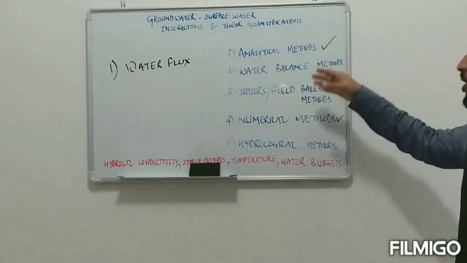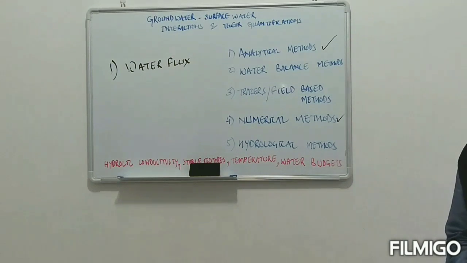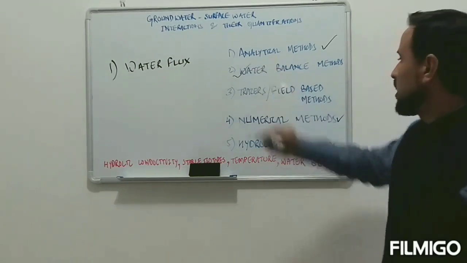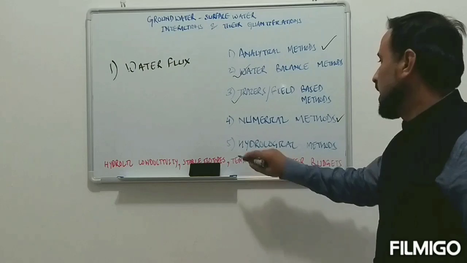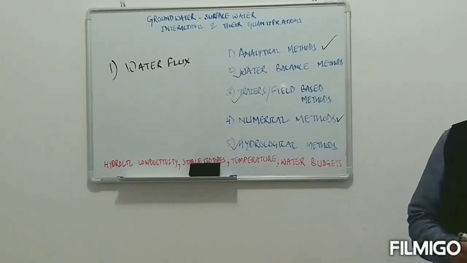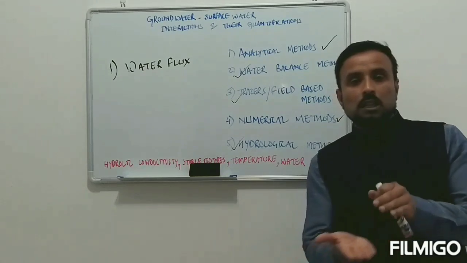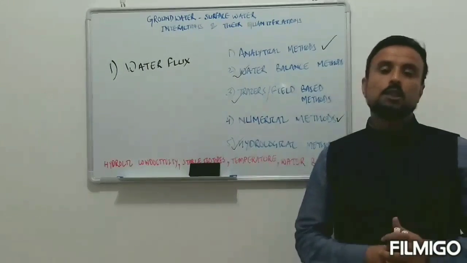These 2 approaches can predict how this interaction can change over time. But the rest of the approaches, like the water balance method, tracer method, and hydrological method, tell you at a single point of time how the groundwater and surface water are interacting with each other.